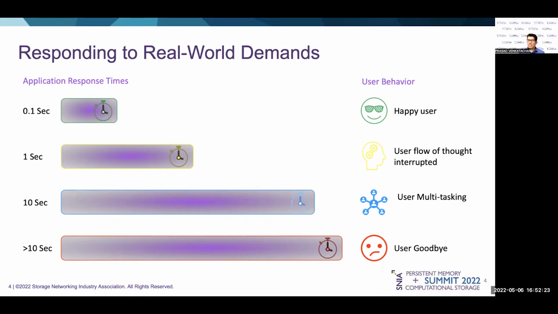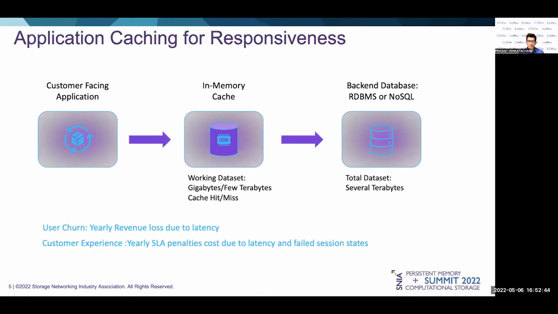And if you're investing a lot into customer acquisition cost, it's not only a loss of revenue, but also a significant cost impact, because you invested a lot into customer acquisition and you are losing the customer on the other hand.